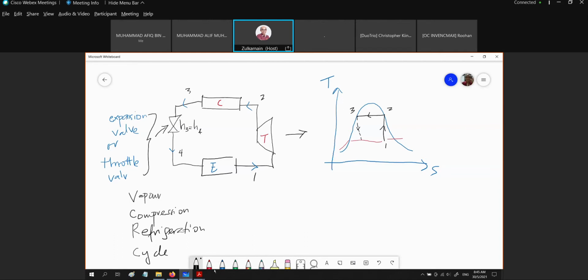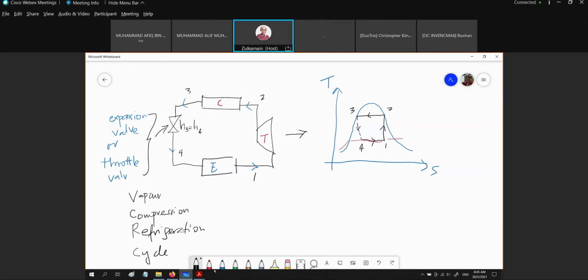And we actually don't know the actual path in the TS diagram, so what we sketch here is not a continuous line but a dotted line. This represents the process of throttling from 3 to 4.